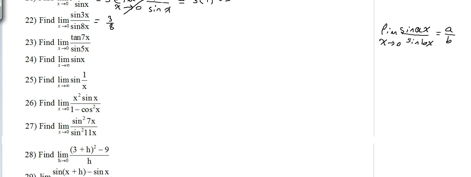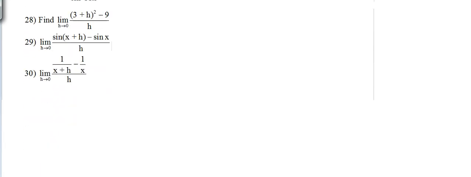Okay, sine 3x over sine 8x. Let me go a little bit down and prove it. It's the limit of sine 3x over sine 8x as x tends to 0.